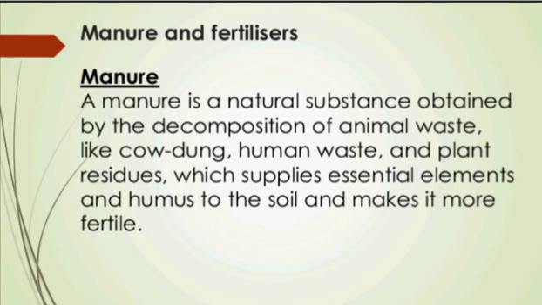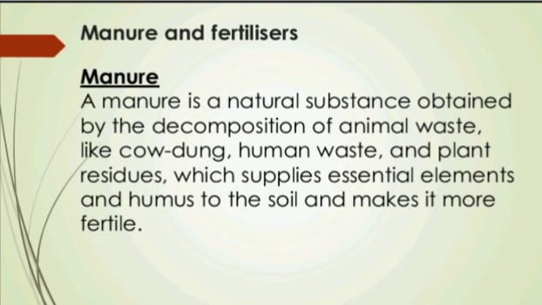A manure is a natural substance obtained by the decomposition of animal wastes like cow dung, human wastes, and plant residues, which supplies essential elements and humus to the soil and makes it more fertile. Now, how do farmers prepare manure?